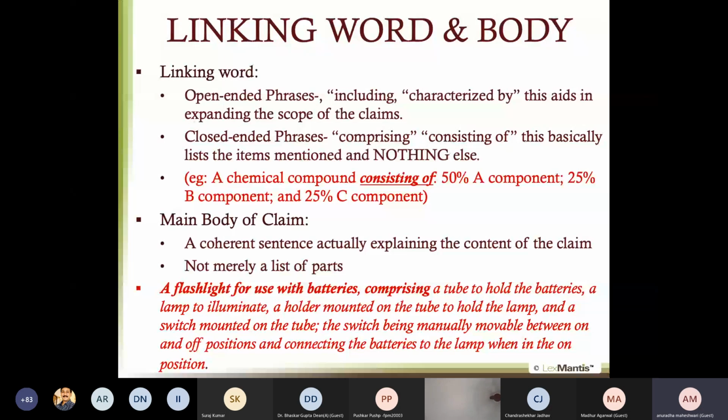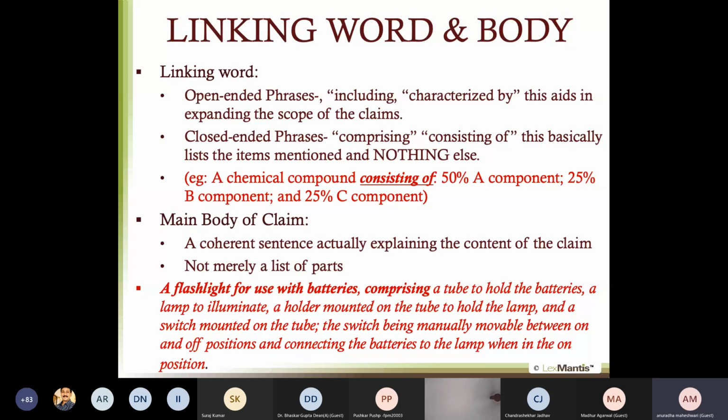Linking words I already explained to you: open-ended phrases like including, characterized by; close-ended phrases like consisting of basically mean nothing else. Now suppose I write with respect to a chemical compound: a chemical compound consisting of 50% A compound, 25% B compound, 25% C compound.